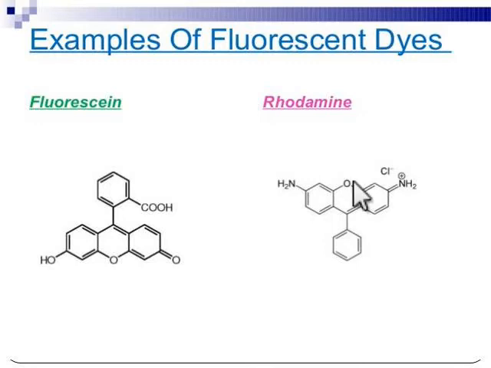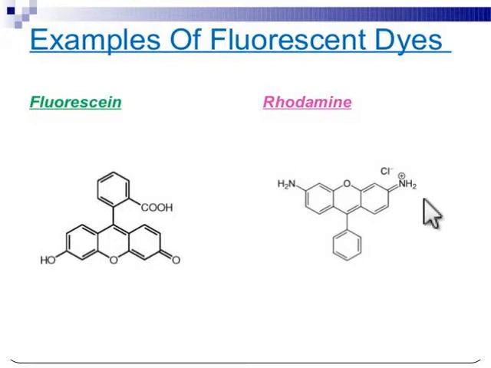These two dyes are mainly used as fluorescent dyes for the detection of antigen-antibody interaction. Fluorescein absorbs blue light at 400 nanometers and emits yellow-green fluorescence at 517 nanometers.